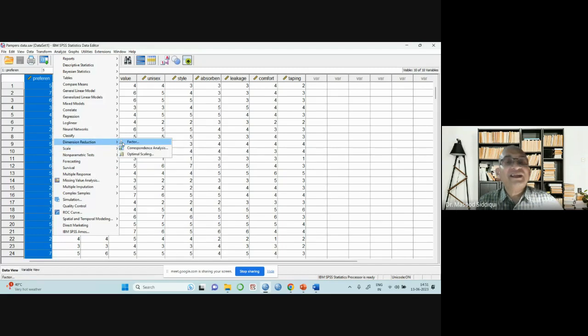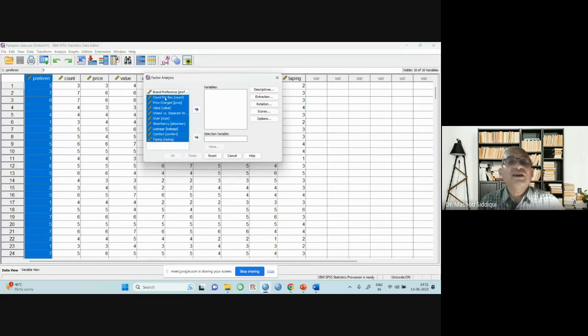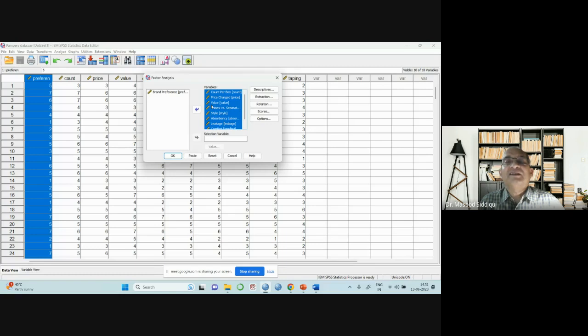And here it is technically known as Factor. And in the factor analysis, we are actually employing the principal component analysis. Okay. So here I am selecting these 9 diaper attributes, starting from count, going up to taping, and transferring them to this box, which is the relevant part.